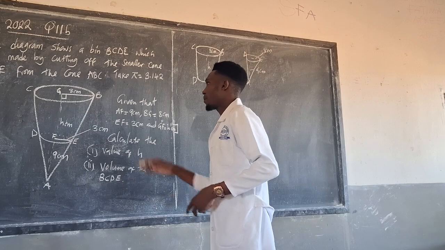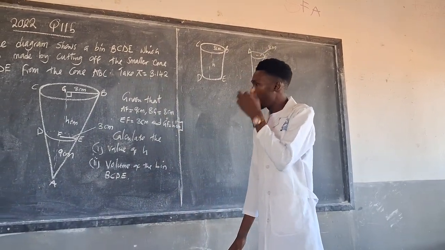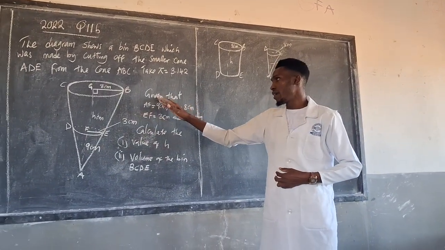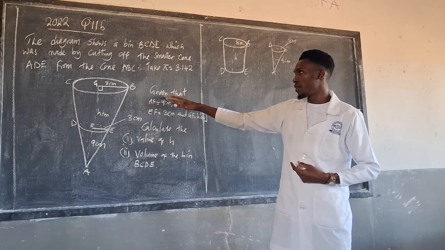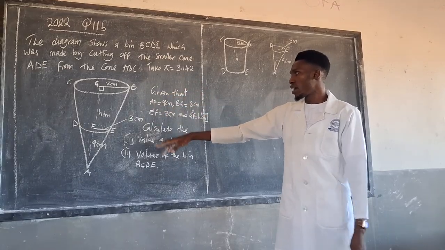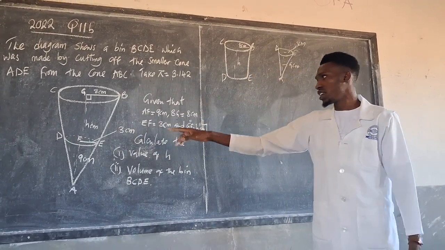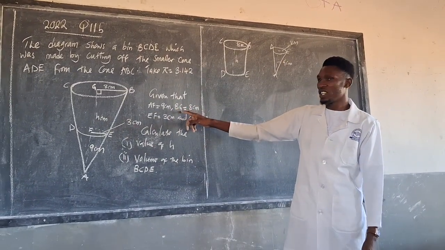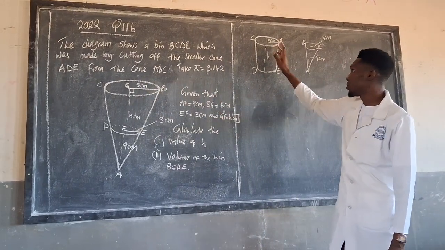Then we should take pi to be 3.142. Given that AF, which is the height of the small cone, is 9 centimeters, and BG, which is the radius of the bigger cone, is 8 centimeters.